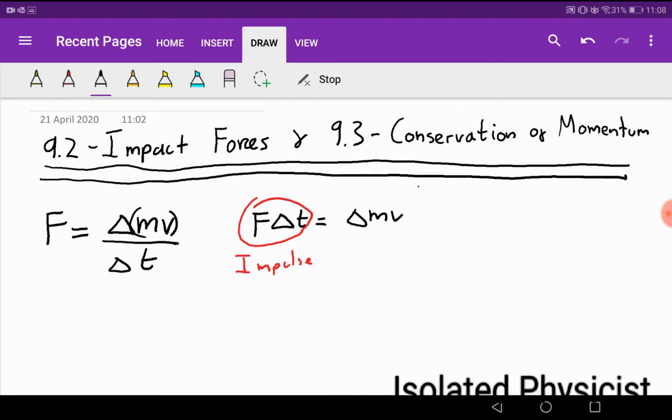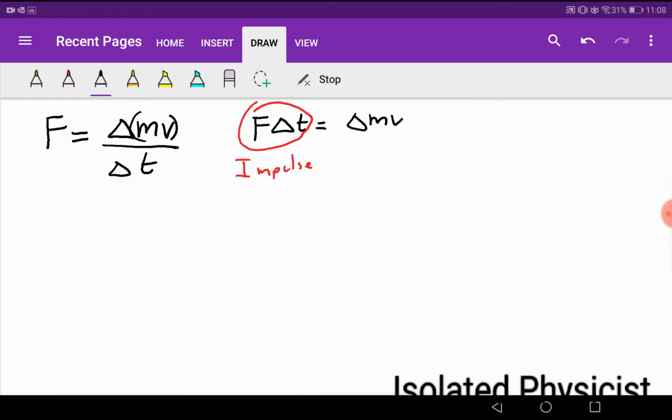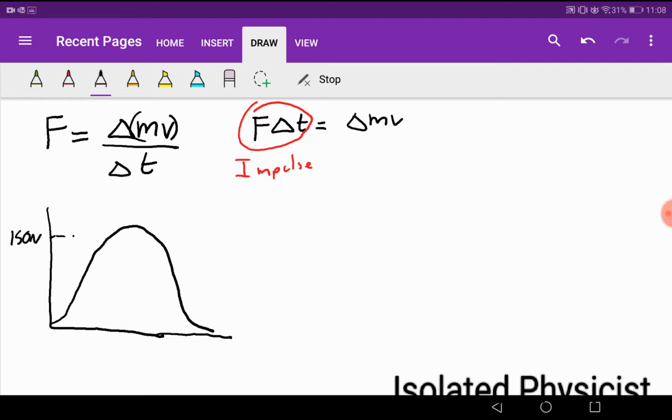Now, I touched on very briefly that if you have a graph, say for example a force-time graph for an object, I don't know, a tennis ball or something, let's say 150 newtons at the top here, and 1, 2, 3, 4, 5, and this is all seconds.